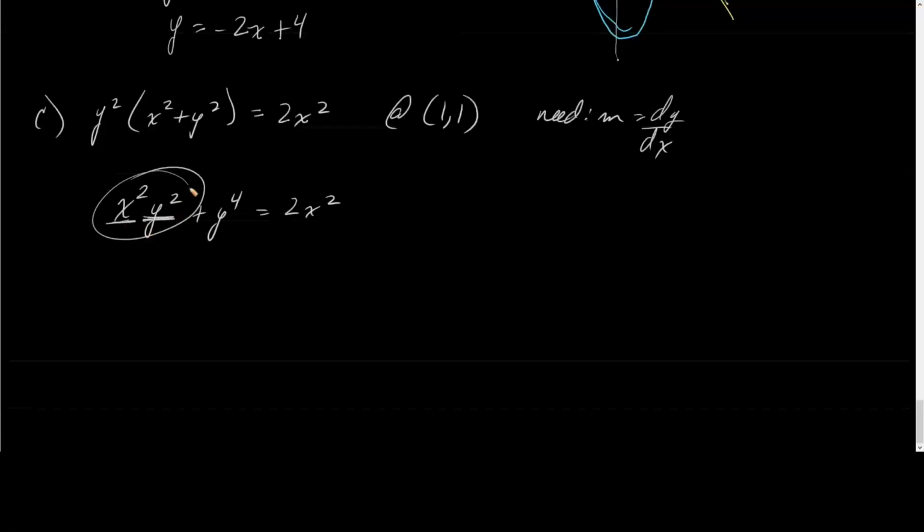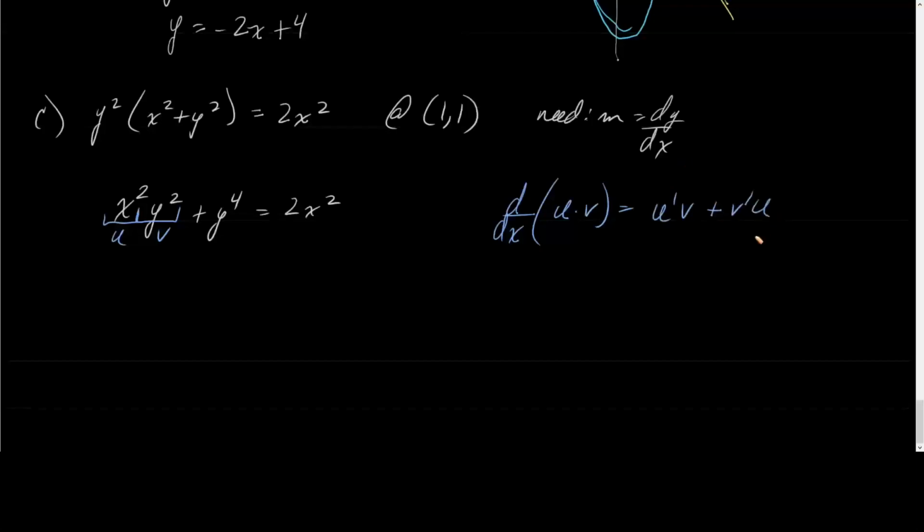So since we're treating y as a function of x, what we've got here is the product of two functions of x, which means I need to use the product rule. I'm going to call this u and that v. And recall that the derivative with respect to x of the product of two functions of x, uv, is u prime v plus v prime u.